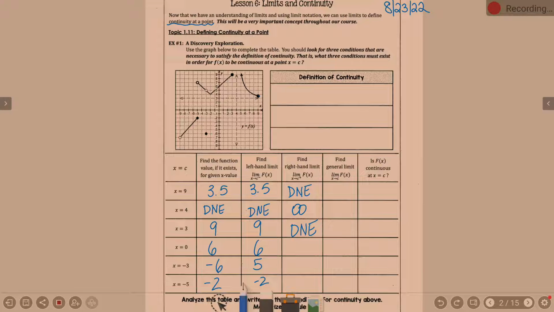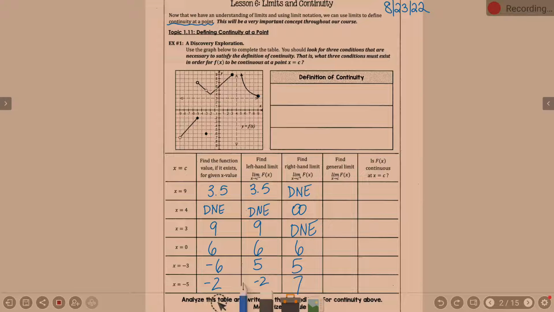As x approaches 0 from the right, 6. As x approaches -3 from the right, 5. And as x approaches -5 from the right, we're up top now, 7.